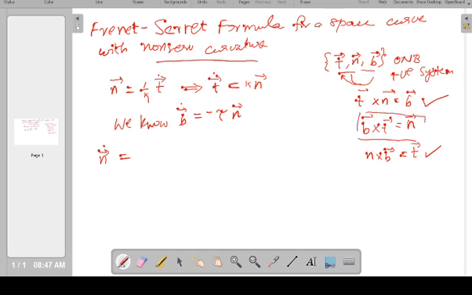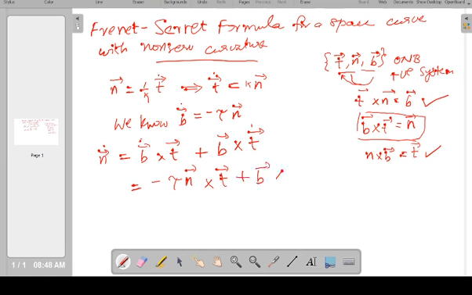What will you get? B dot cross T plus B cross T dot, which is equal to, let us substitute for B dot. B dot is minus tau n cross T plus B cross T dot. T dot is kappa n.